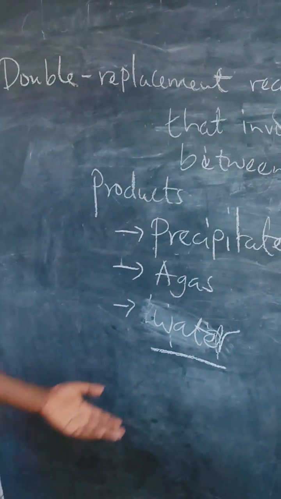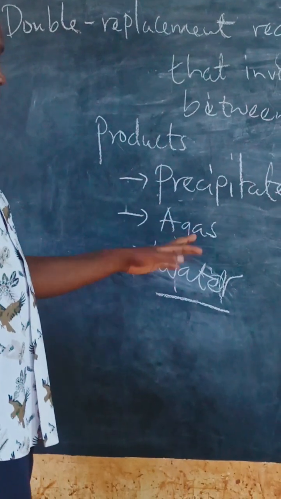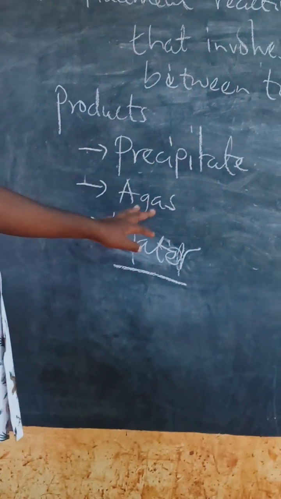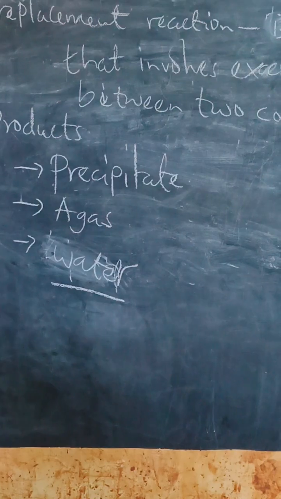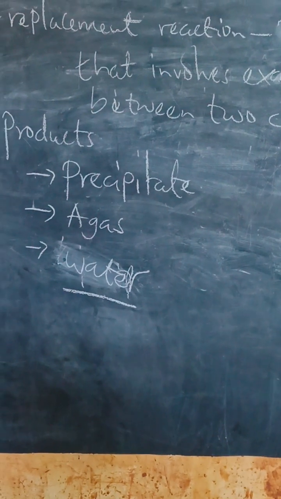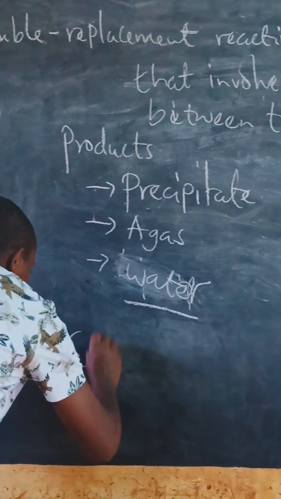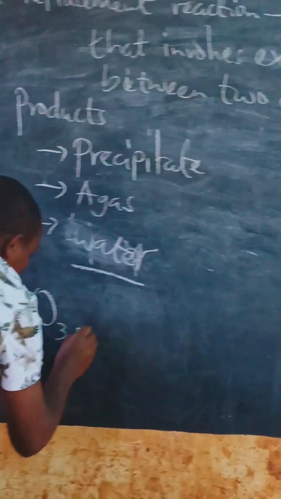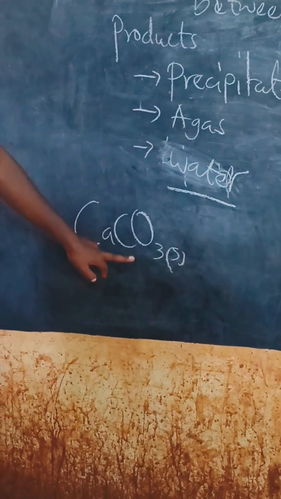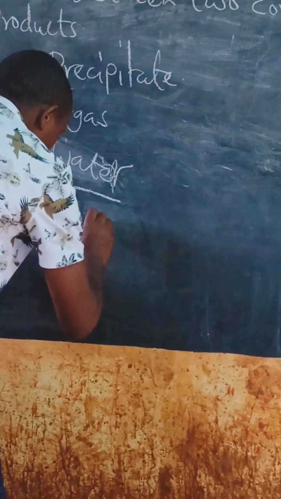For example, we want to see the reaction between an acid and a carbonate. For example, calcium carbonate. Calcium carbonate is a solid, also known as marble chips.